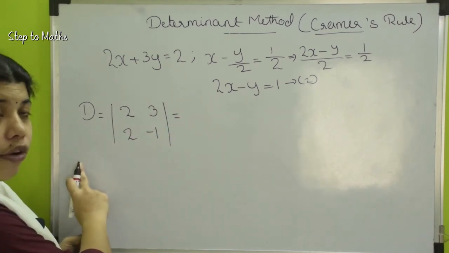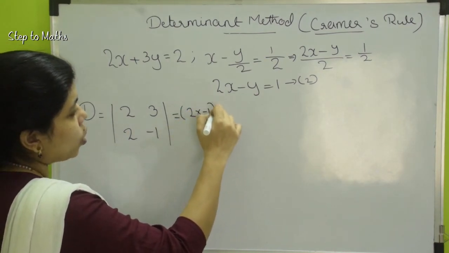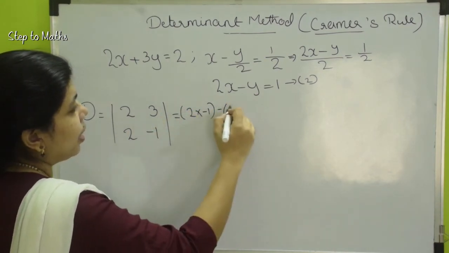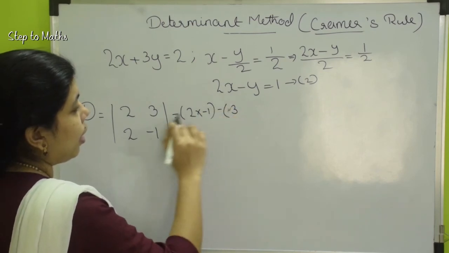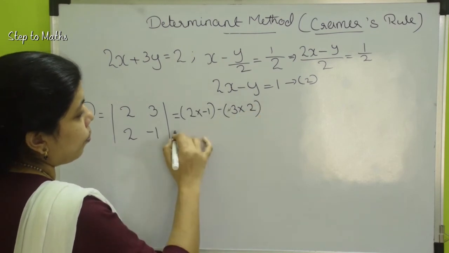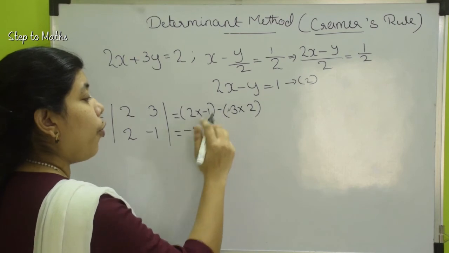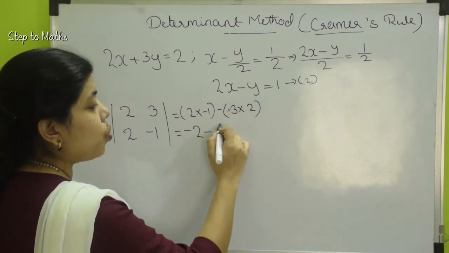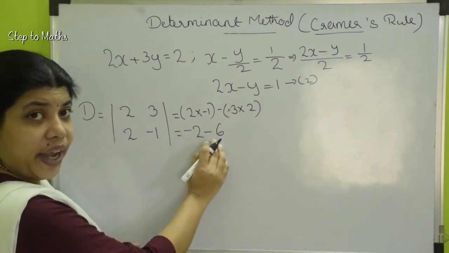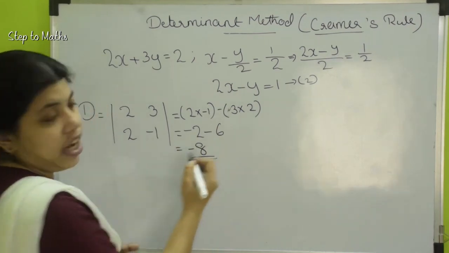Find out the value of d. 2 into minus 1 minus 3 into 2. 2 into minus 1 is minus 2, minus 3 into 2, 6. Minus 2 minus 6, that is equal to minus 8.